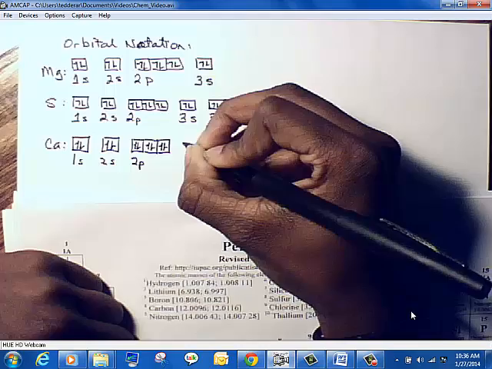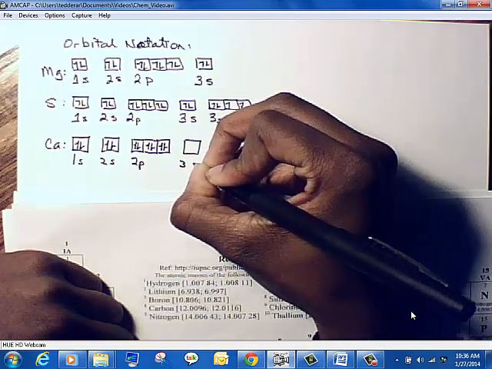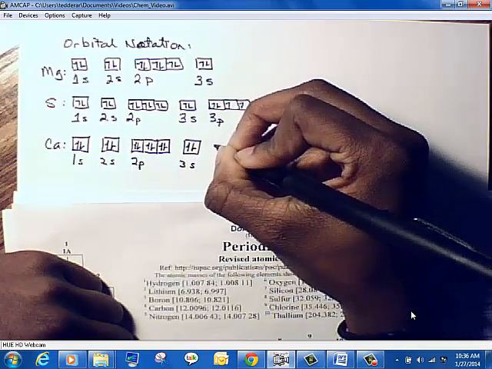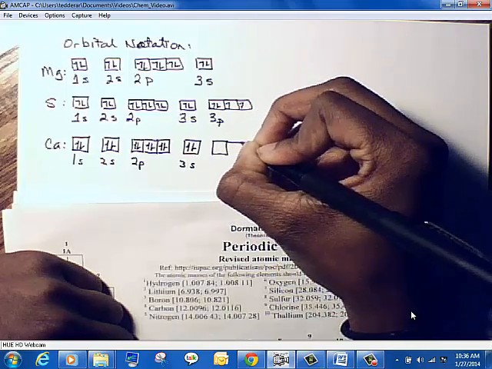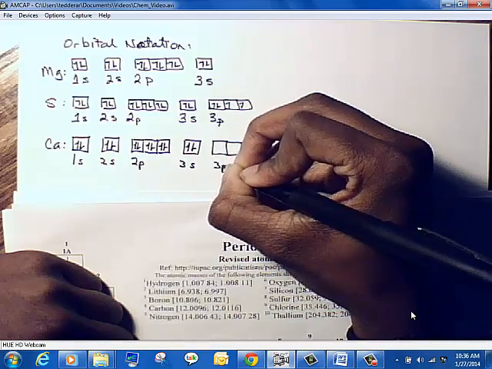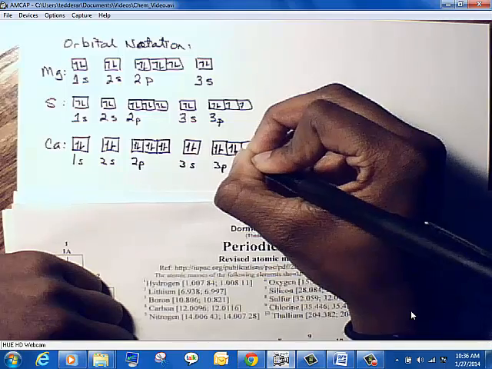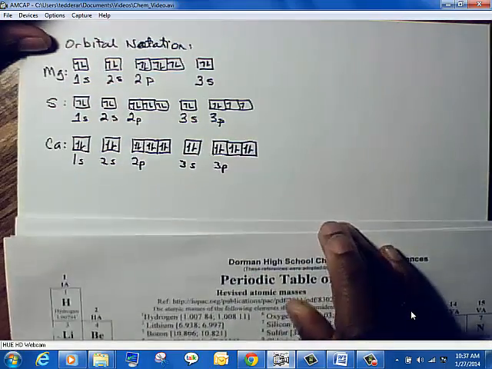So while she's doing that, your job is to watch what she does, and if she makes a mistake, help her out. 3s always has 1 box. Go down. And so far, so good? The P's always have 3 boxes. 3p, up, down, up, down, up, down.